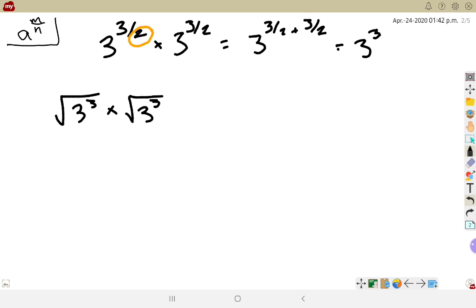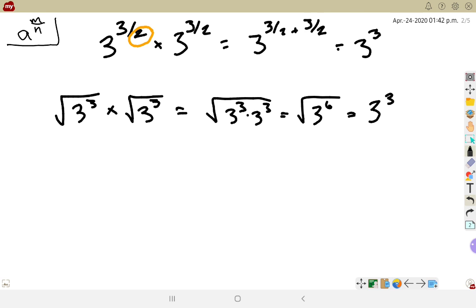Okay, so this one here, I would have the square root of 3 cubed times 3 cubed, and that gives me the square root of 3 exponent 6, take the square root of that, we get 3 exponent 3. Okay, so 3 with an exponent of 3/2 ended up being equal to the square root of 3 with an exponent of 3. Okay, those are the same thing.